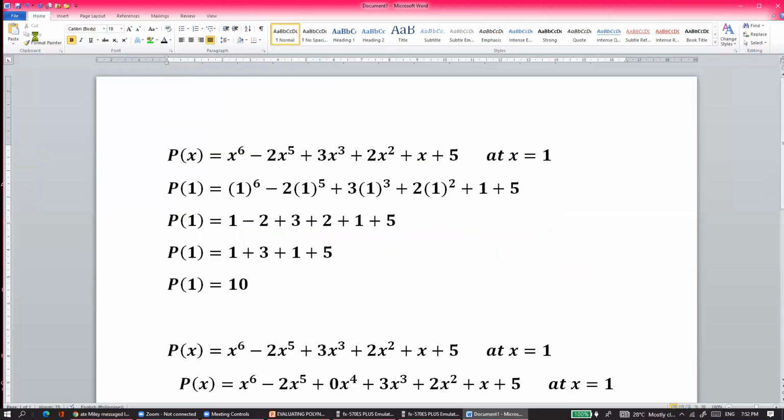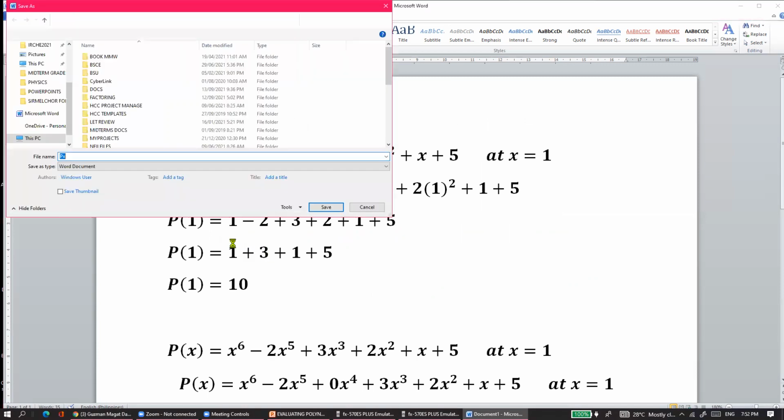Bigyan na lang kita ng copy nito example na yan. Sige. Teka lang, i-save ko lang siya. Next, aralin natin yan, evaluating function. So, mag-prepare ka, anak.